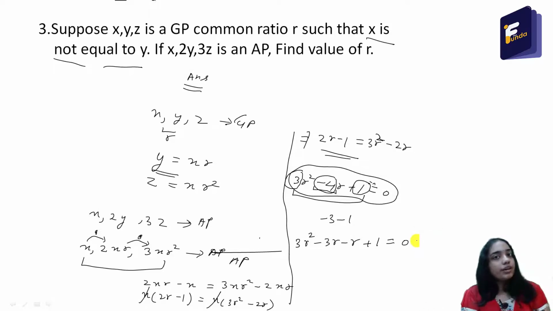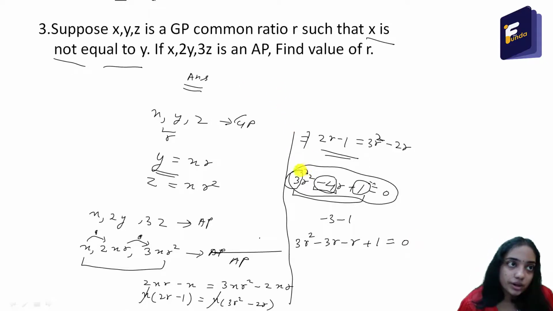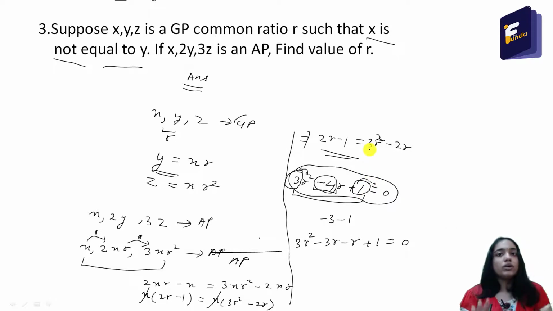And how do we factorize? The middle term, the coefficient of R or X, you write as the sum of two numbers, and those two numbers should have a product equal to the product of the coefficient of R square and the last term. This may sound a little confusing at first, but it is very easy subsequently.